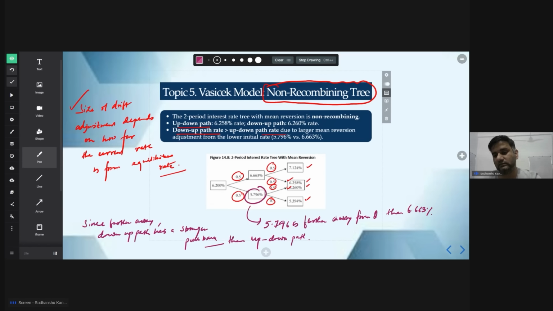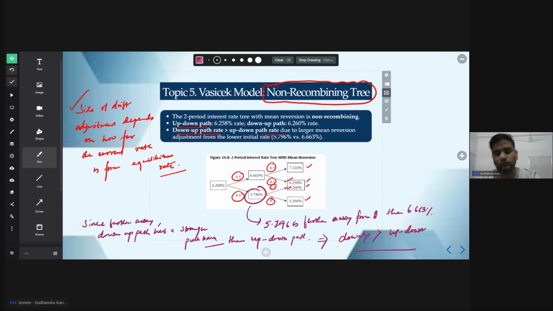What happens is that down-up is actually greater than up-down. Right? Down-up is greater than up-down. Okay, all right. So I hope this makes sense.